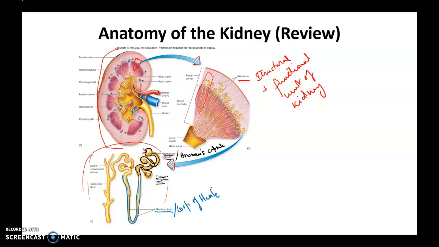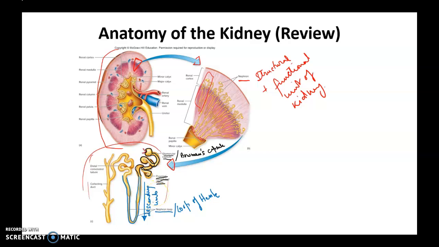Now, the loop of Henle can be divided into two segments. The segment that moves inferiorly, or goes downward, is called the descending limb. I'll draw here. This is the descending limb of the loop of Henle.